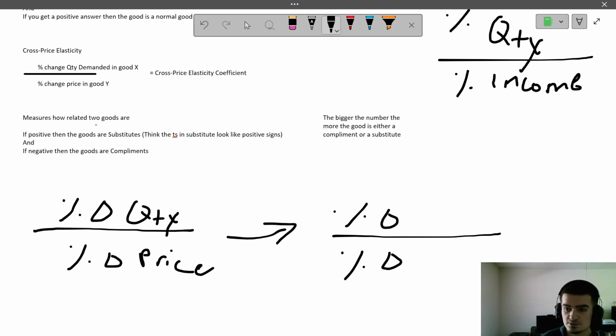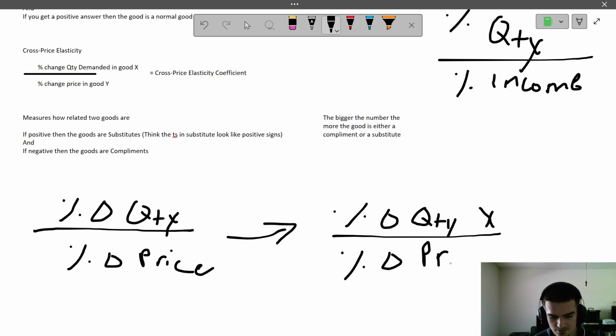So we talked about substitutes and complements, how they're related goods. This will measure exactly how related these goods are. So percent change in quantity demanded of good X over percent change in price of good Y. It's the same formula, just put an X and a Y on top.